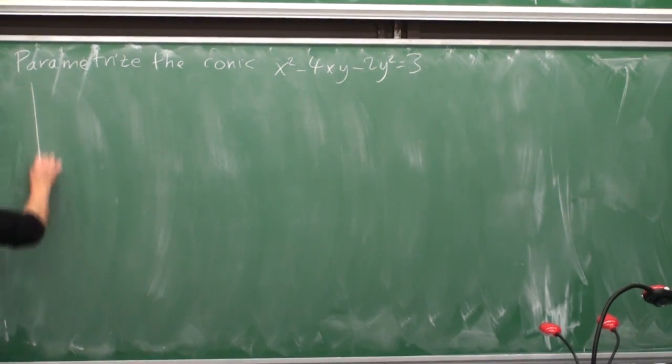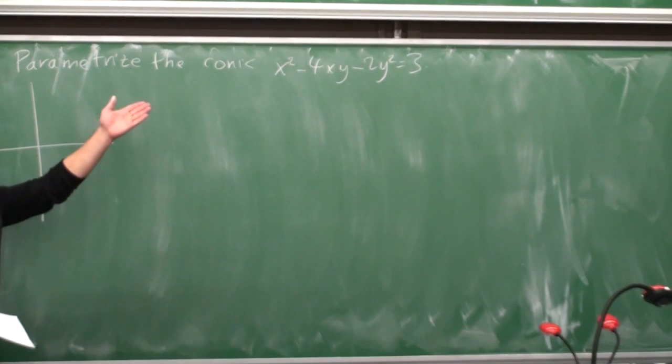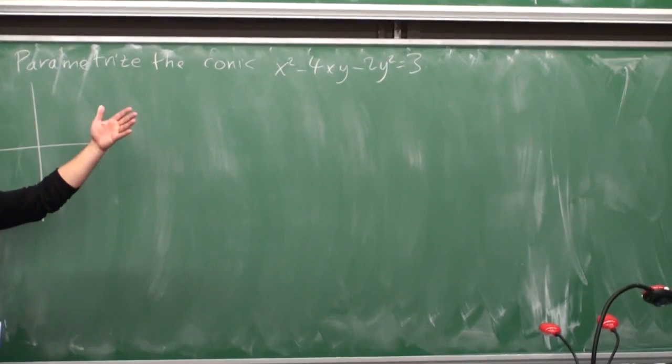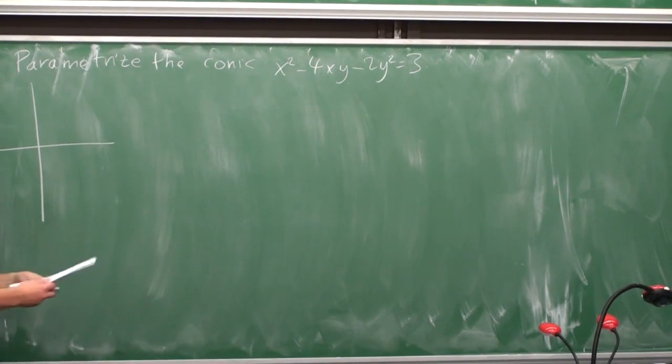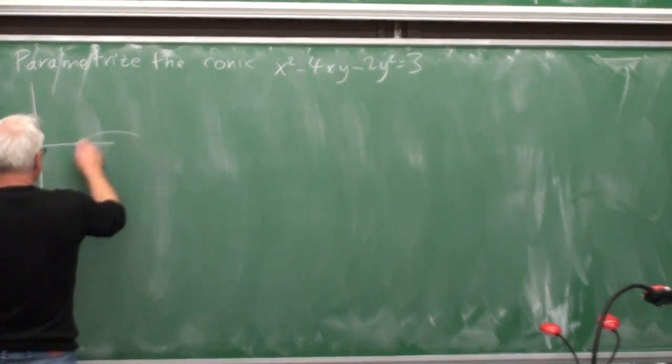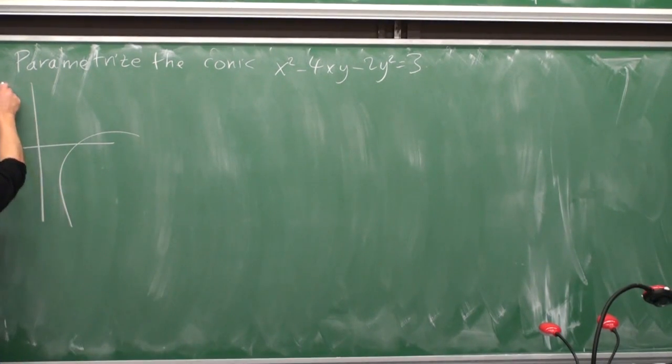It's not necessary, but if you have a computer algebra program around, it's probably not a bad idea to quickly graph this and see what it looks like, just out of curiosity. It's a hyperbola that does something like this, roughly.